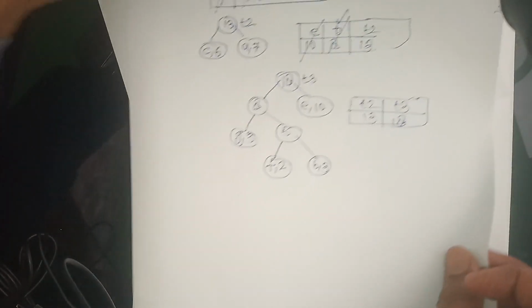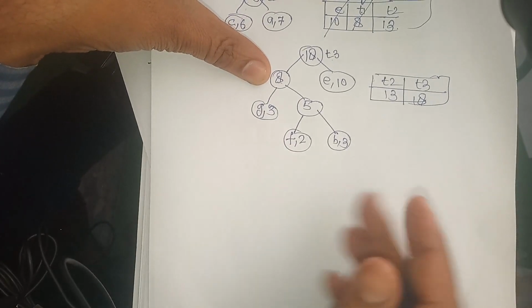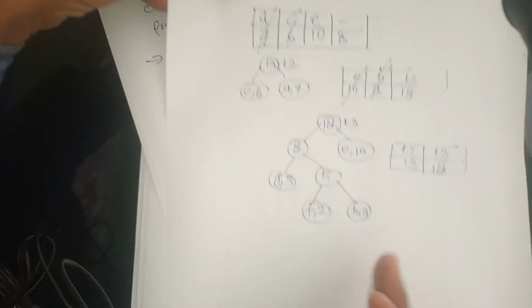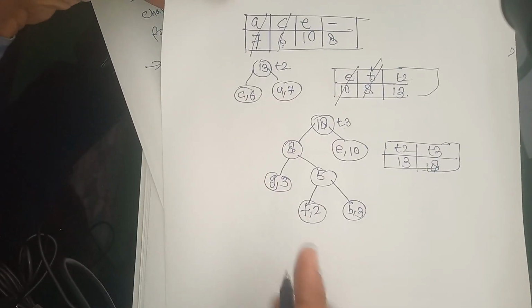So T2 obviously will be on the left hand side, and T2 is, you can see, this node. So T2 will be on the left hand side.